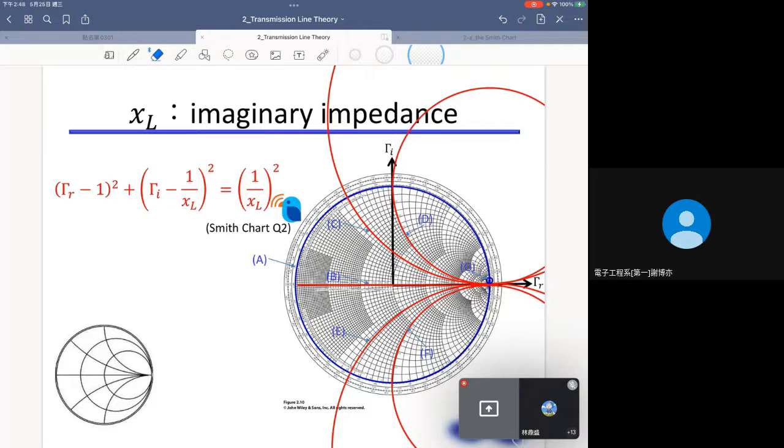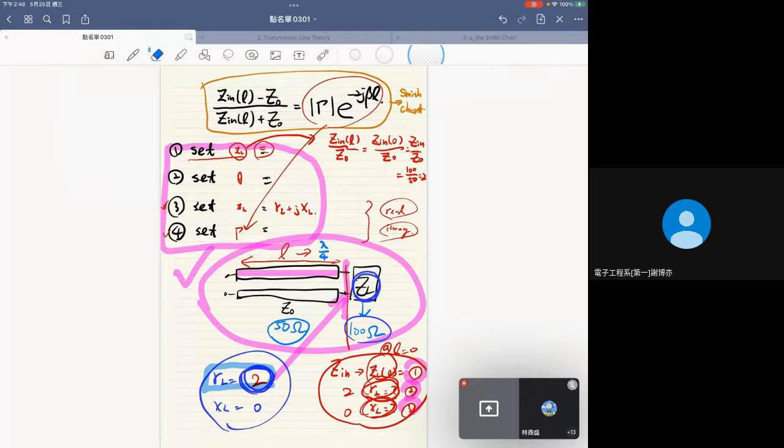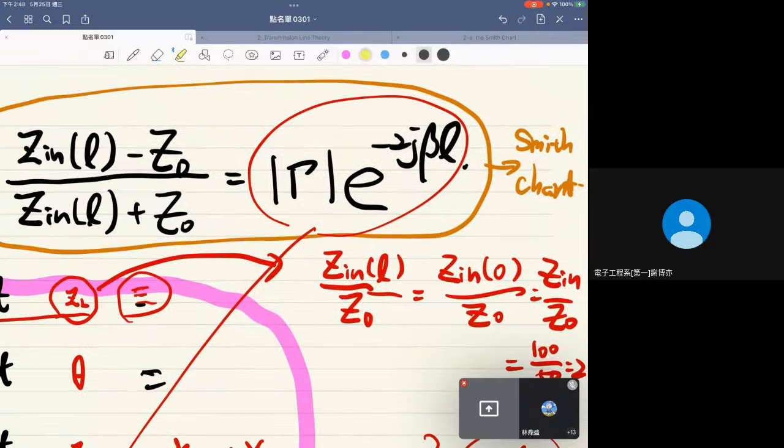Because we use the equation, we assume this one is the reflection coefficient. When you change L, this one will never change.